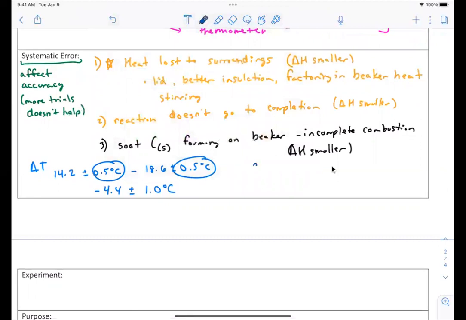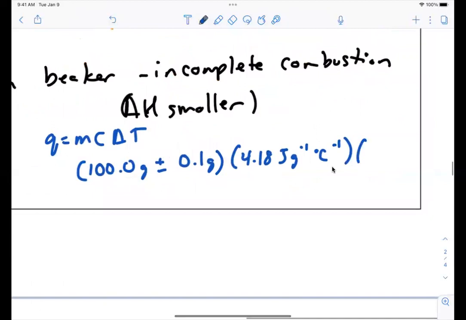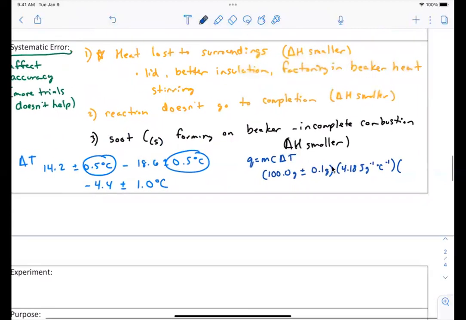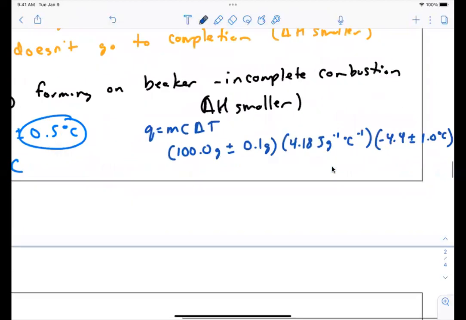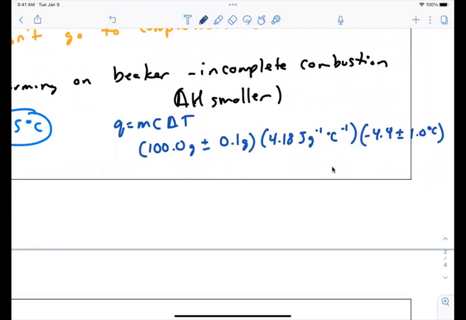And remember, for Q equals MC delta T, your mass might be, I don't know, 100.0 grams plus or minus 0.1 grams, times 4.18 joules per gram degree Celsius, and then negative 4.4 plus or minus 1.0 degrees Celsius. But if you're calculating the uncertainty there, because you're multiplying values or dividing values, you have to do the percent uncertainty.